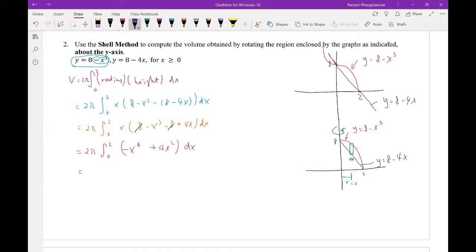Then now I will have 2 pi times negative x to the power 5 over 5 plus 4x to the 3 over 3, integrated between 0 and 2. Then negative 32 over 5 plus 32 over 3.